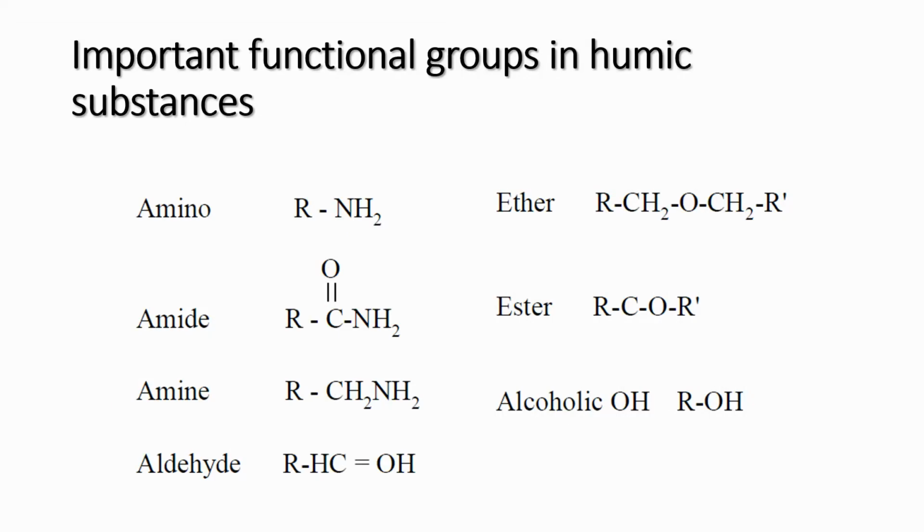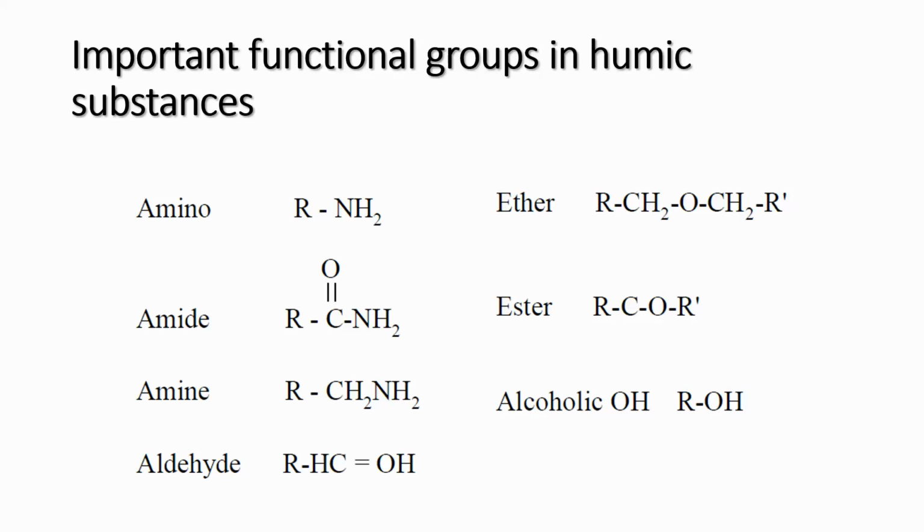So let's see another thing, the important functional groups in the humic substances. As we said, we have the humics, which are actually the solid non-soluble part. They also have different organic compounds. They are very interesting. They have amino groups: amide, amine, aldehyde, ether, ester, and alcoholic groups.